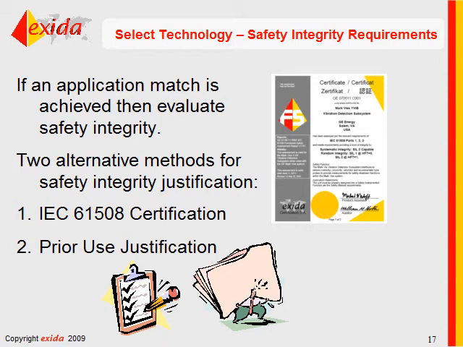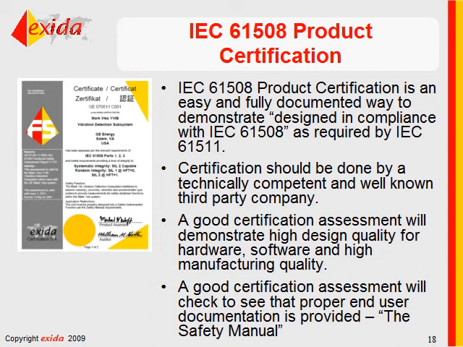And that's why I'm hoping in this particular seminar you can understand a little more clearly by seeing that these are two different things. Now, 61508 product certification. The 61511 standard says one way to justify safety integrity is to purchase equipment that's designed in compliance with IEC 61508.